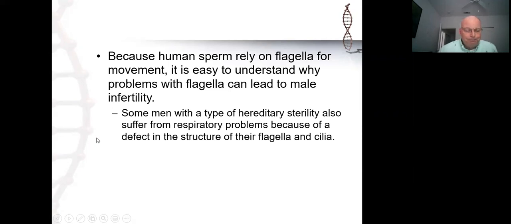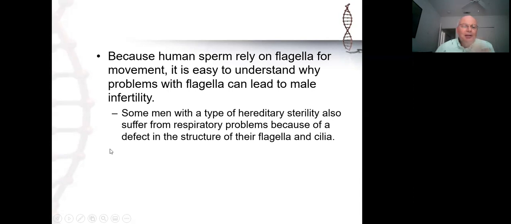Another problem with cilia is that cilia line the bronchial passages that lead to the lungs, and the smoke from cigarettes and tobacco in general paralyze those cilia, which is the reason why every morning a smoker has to cough furiously to get all the accumulated phlegm out of their lungs, because normally the cilia in the bronchial passages would simply sweep that material up into the throat and you would swallow it overnight.